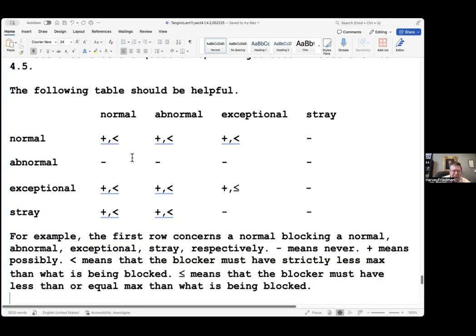Oh, I'm sorry. Normals, you have strictly lower max when a normal blocks. And when a normal gets blocked, you have strictly lower max. The equals comes up only here with the exceptionals. They can compete like that.